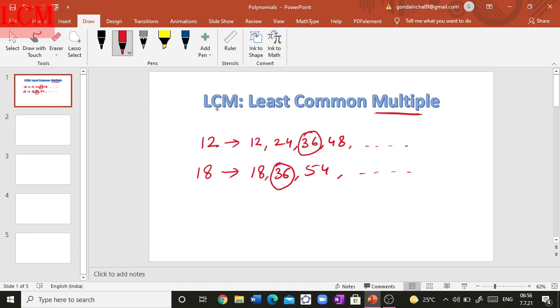But our aim is to take only the least one, the smallest common multiple of the given numbers, and that will be given by 36 only. So LCM of 12 and 18 would be given by 36. That is the least common multiple.